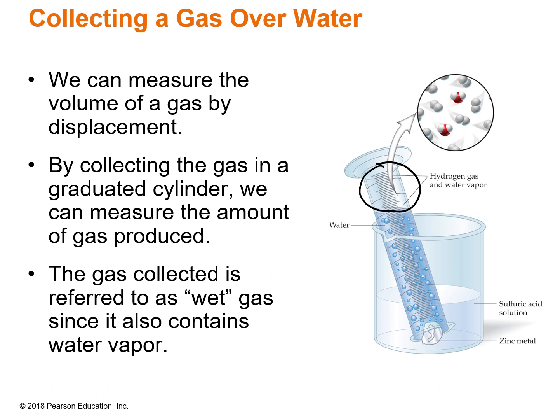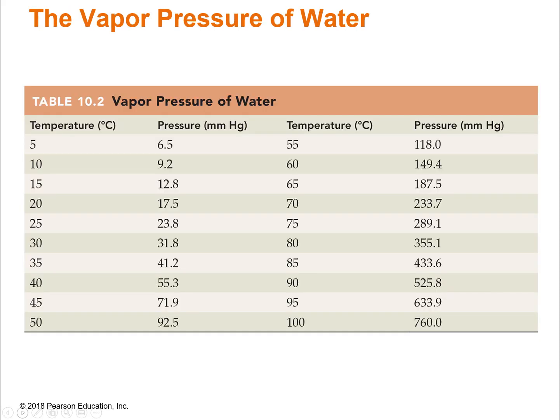We can still figure out how much of the gas we're interested in we actually collected, because there's this table. And this table tells you the amount of vapor pressure of water for every temperature going from 5 degrees Celsius up to 100 degrees Celsius, which is boiling, in 5-degree increments. So you can kind of envision this as having kind of a divider.